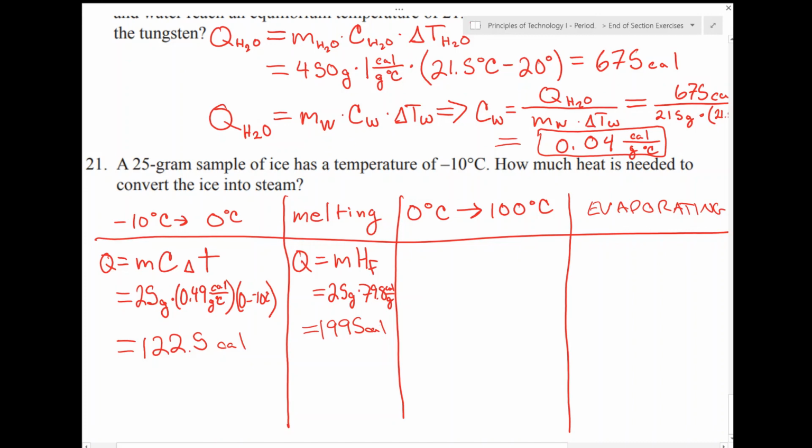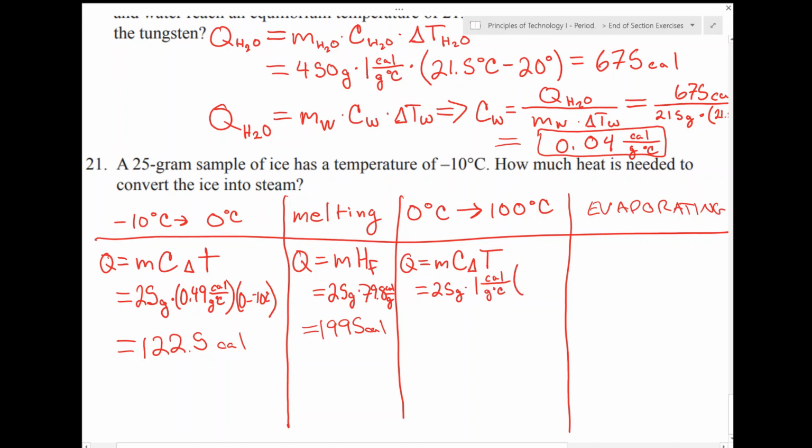To change the sample from 0 degrees Celsius to 100 degrees Celsius, we are back using the specific heat equation. The mass of the sample is again 25 grams. We know the specific heat of water by this point is 1 calorie per gram degrees Celsius.